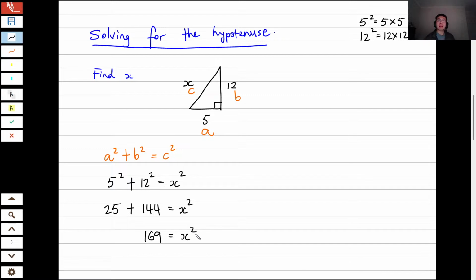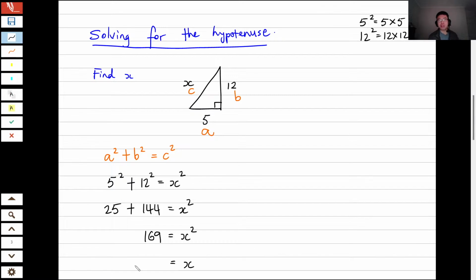And now it might not be entirely clear what we need to do because I can't use plus, minus, times, or divide here. What I want to do is go from x squared to x. So I'm just going to give it to you.